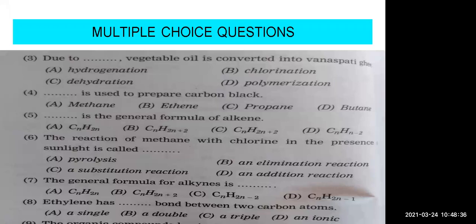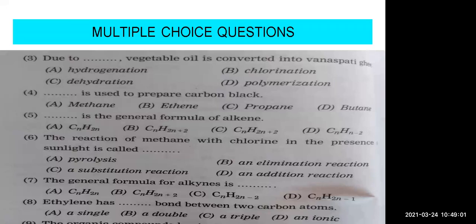When you add the hydrogen, the extra bonds, the double bonds or triple bonds, will be removed and it will be converted into a saturated hydrocarbon. That means we are converting an unsaturated hydrocarbon to a saturated hydrocarbon by adding hydrogen. So the answer of the first MCQ is hydrogenation.